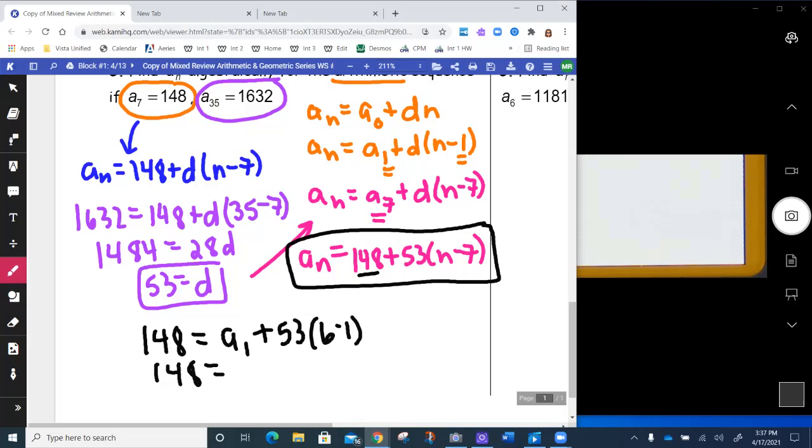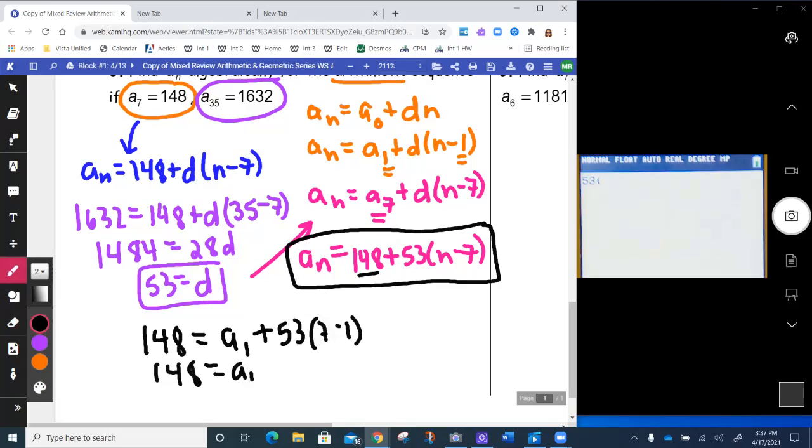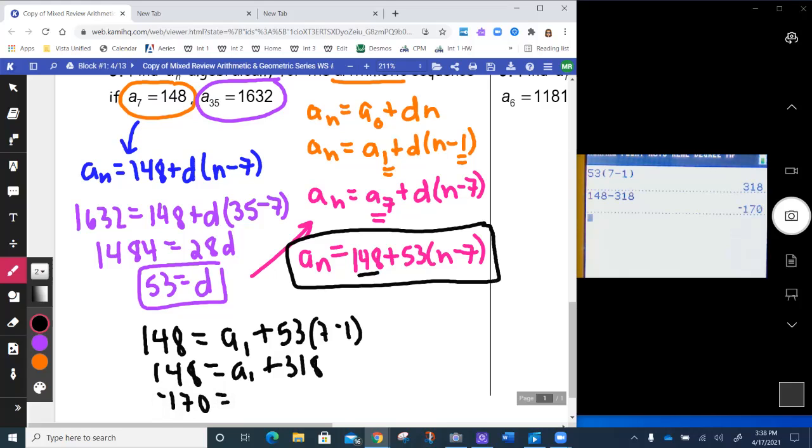So 148 is equal to A1 plus 53 times 6, or 7 minus 1, and we end up with 318. I'm going to minus 318, so 148 minus 318 gives us negative 170. So a sub 1 is negative 170.